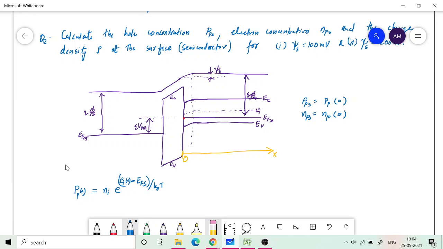Because EFS is constant, it doesn't change with x. The only thing that changes on the left hand side is x, PP of 0, and similarly it will correspond to EI of 0, because the band is bending, so EI of 0 is going to be different. You can see that EI minus EFS is reducing. Earlier it was this much, Q phi B, but now at the edge it is different.